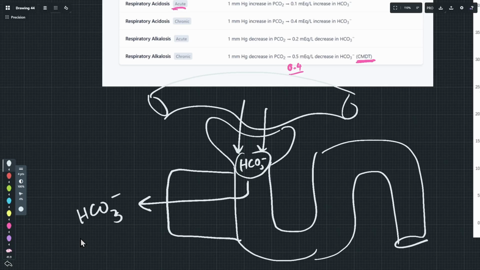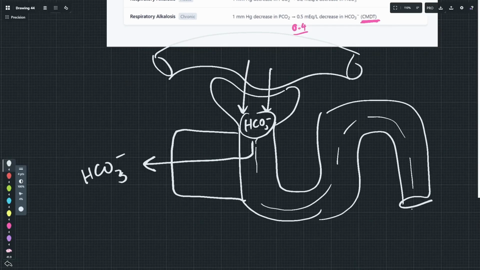So to bring the bicarbonate in, to increase the bicarbonate level inside the blood, it is an active process that has to be done by the kidney. But to make the bicarbonate simply lost, to excrete the bicarbonate in urine, your kidney does not need to do anything, right? It would just let it go.